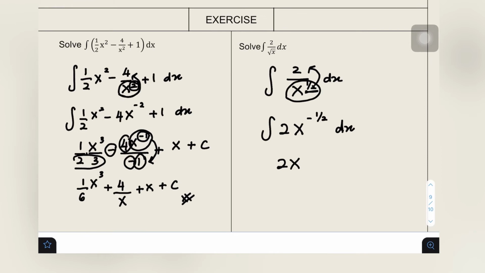So you will get the remaining of your money, which is half. Negative half plus 1 is equal to half. And because this is an indefinite integral, don't forget that you need to divide by the new power, 1 over 2, plus c.